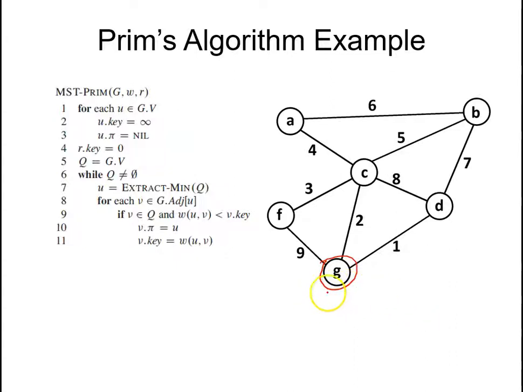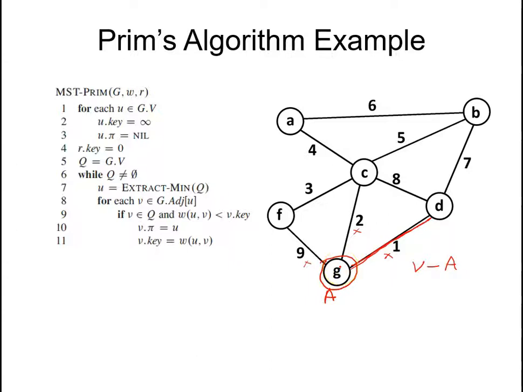We're going to take this as A, and everything outside is V minus A. Okay, so we're going to look at the edges that go outside, and the minimum weight edge is this edge. So we include this edge as part of our minimum spanning tree.